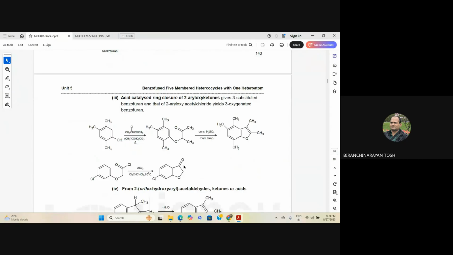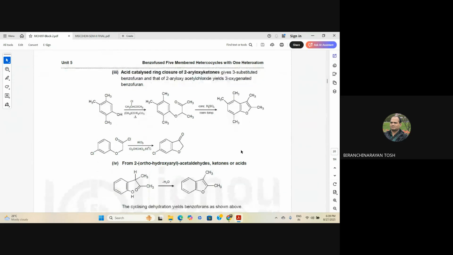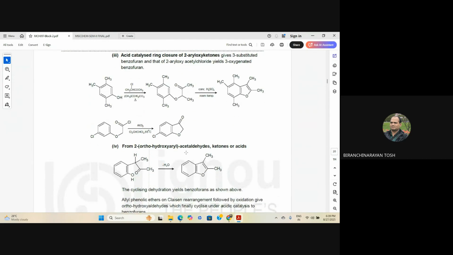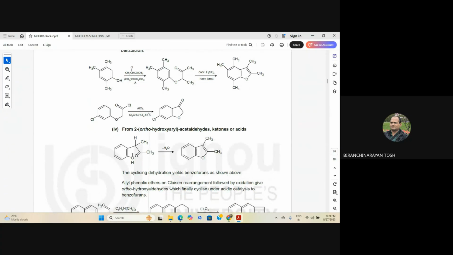So 2-aryloxyketone gives 3-substituted benzofuran, and that of 2-aryloxyacetyl chloride is 3-oxygenated benzofuran, and here 3-substituted ketone.